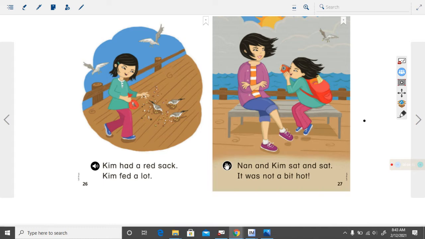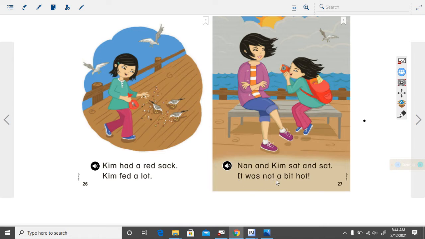Let's look at the next page. Nan and Kim sat and sat. It was not a bit hot. Let's look at how many sentences we have here. Nan and Kim sat and sat. There's that period. That's one sentence. Now our next one begins with a capital letter.